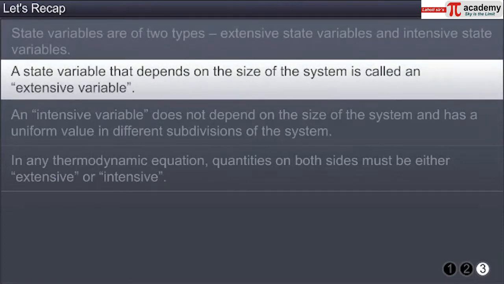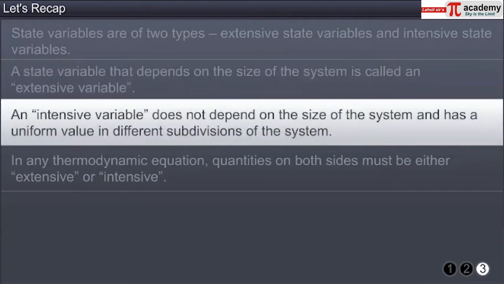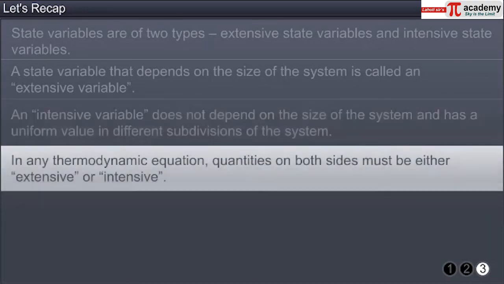A state variable that depends on the size of the system is called an extensive variable. An intensive variable does not depend on the size of the system and has a uniform value in different subdivisions of the system. In any thermodynamic equation, quantities on both sides must be either extensive or intensive.